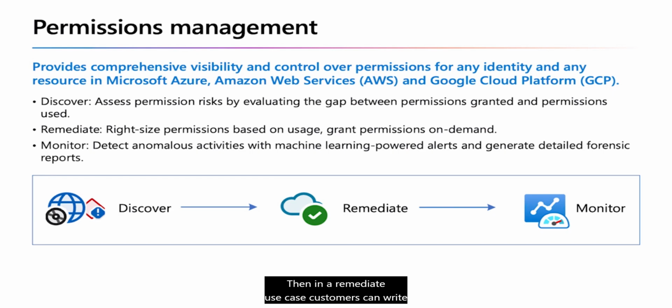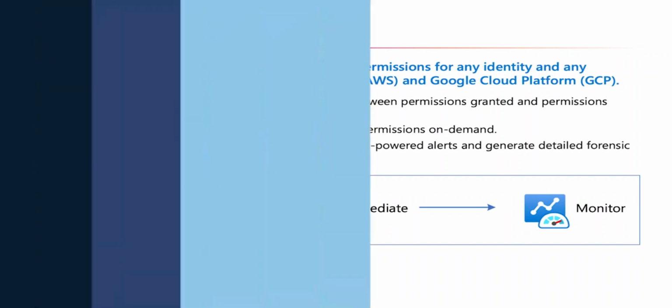Then, in the remediate use case, customers can right-size permissions based on usage and grant new permissions on demand. In the monitor use case, customers can detect anomalous activities with machine learning-powered alerts and generate detailed forensic reports.